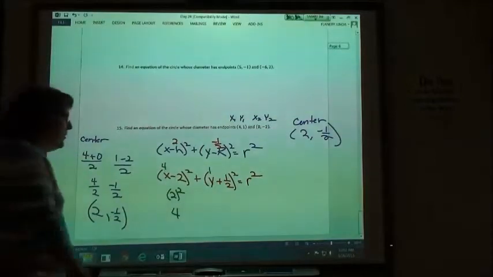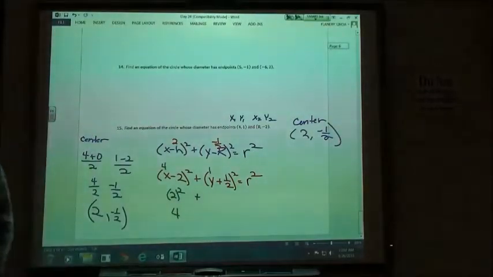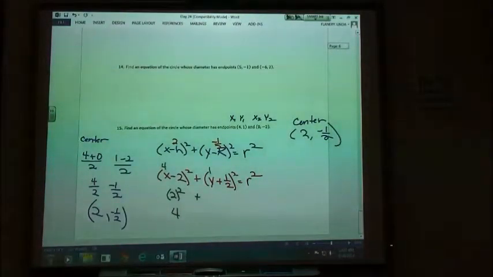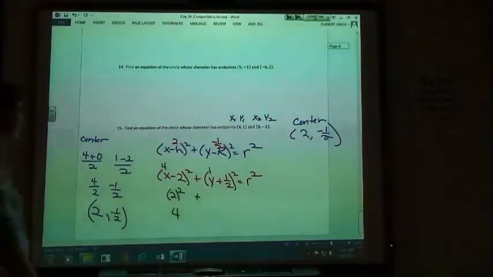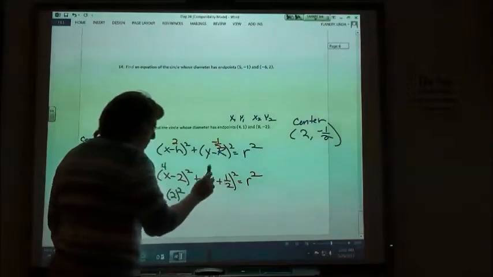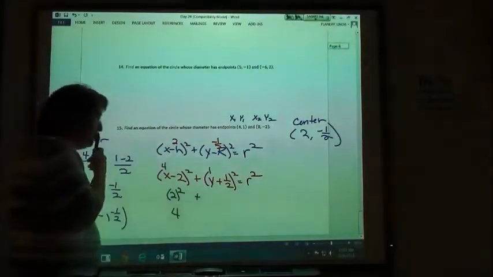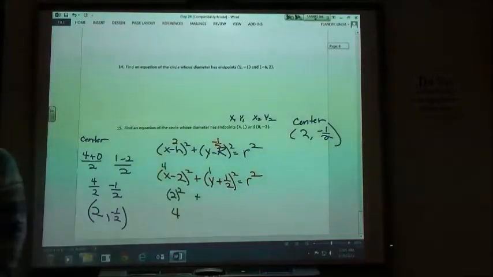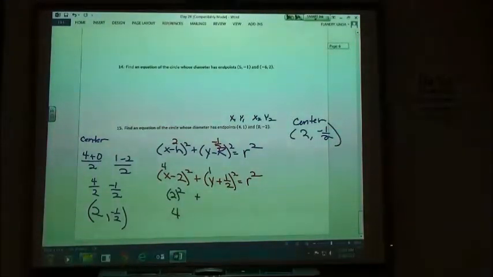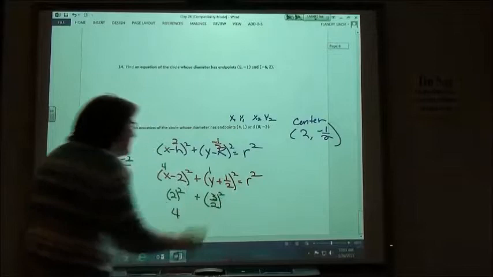Then over on the other one, we have to do 1 plus a half, which is 1.5. 1.5 as an improper fraction is 3 over 2, because 1 1/2 is 3 halves.